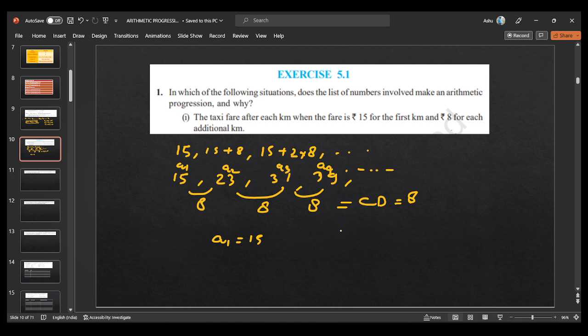The differences between successive terms are the same. So we can say that the given pattern is an AP.